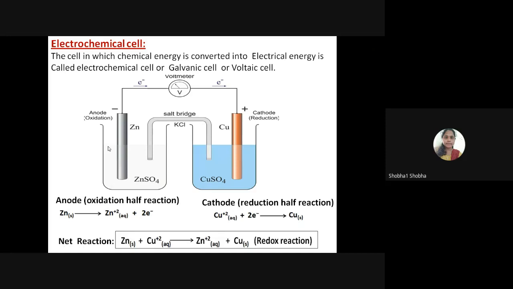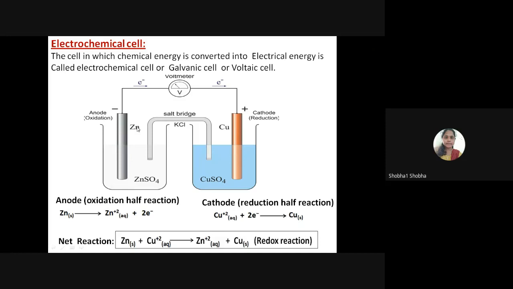So as electrons are moving, we call these two reactions half cells or half reactions. Here oxidation takes place, therefore it is the oxidation half reaction, and here reduction takes place, therefore this is called the reduction half reaction, or half cells. Combining both, the full cell, we call the cell reaction.